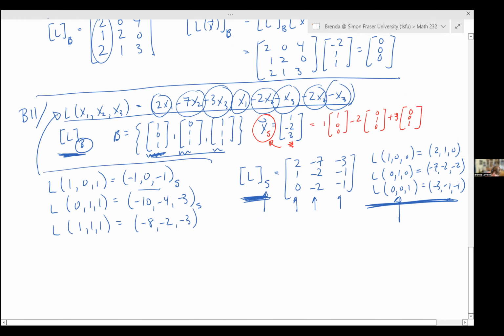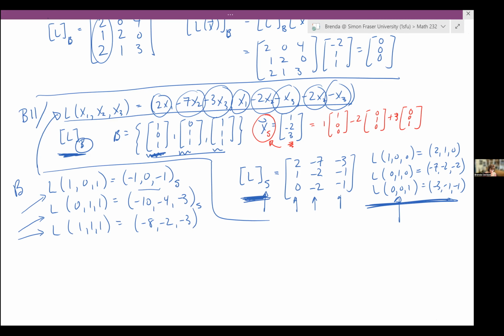This part here is all to do with the basis B. I calculate what the linear transformation does to each one of the basis vectors.